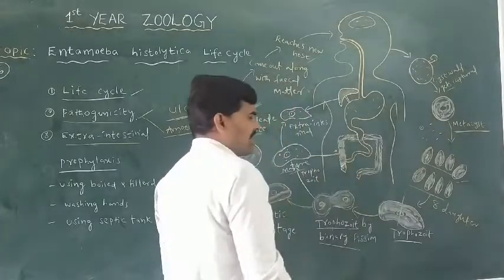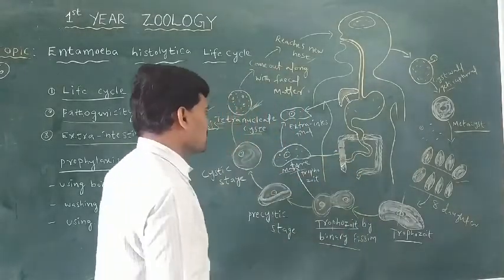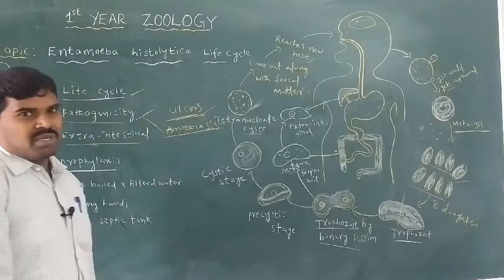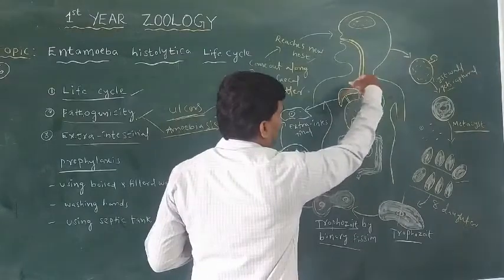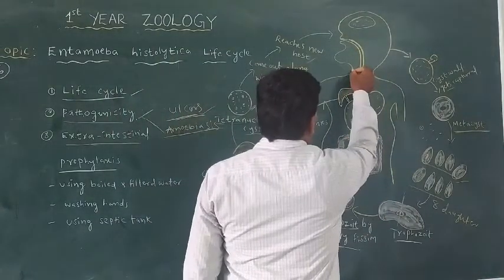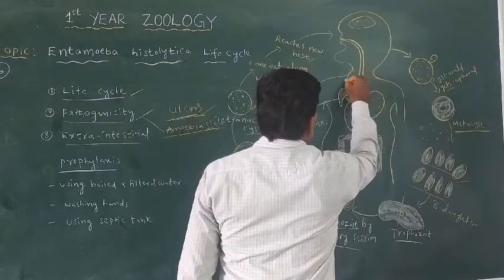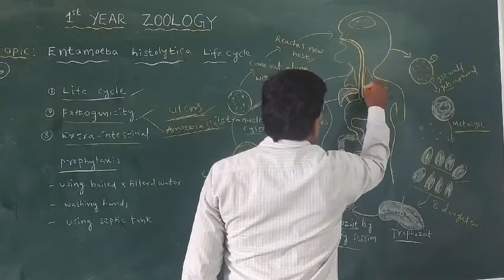Sometimes Entamoeba histolytica comes out of the intestines and reaches the bloodstream, entering the liver and lungs. So this is the liver, and this is the lungs.